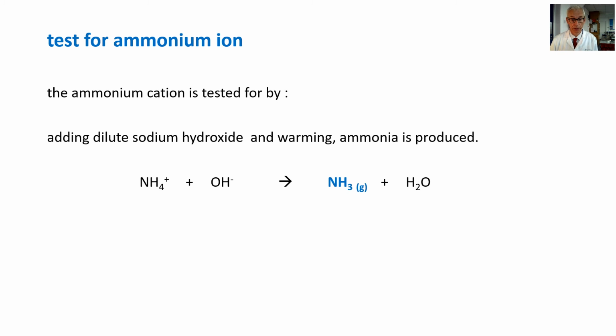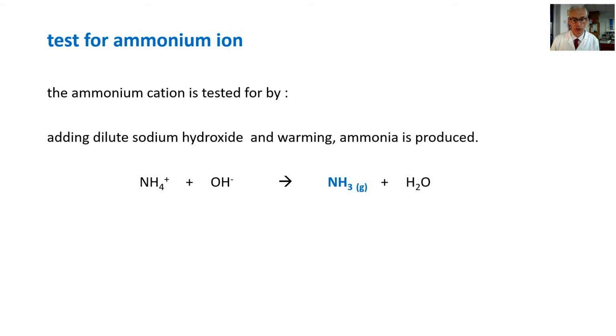The ammonium ion here, plus the hydroxide ion from sodium hydroxide. I'm not including sodium, it's spectating, not involved in the chemical change, making ammonia NH3. I've only indicated the one state symbol because that's the important point. Ammonia comes off as a gas, and you balance with water.